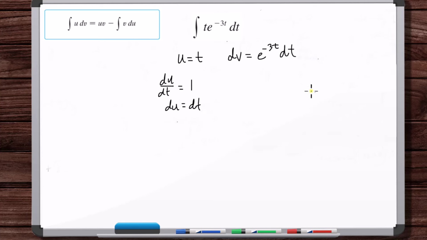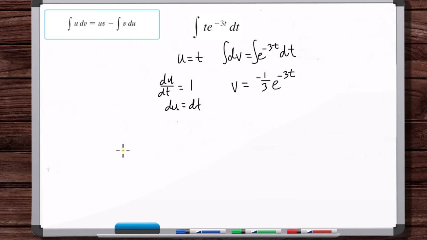All right. Now here we can integrate both sides. This is proper integral notation. So we've got v is equal to minus 1/3 e to the minus 3t. Now if you take this derivative, you get e to the minus 3t times minus 3.